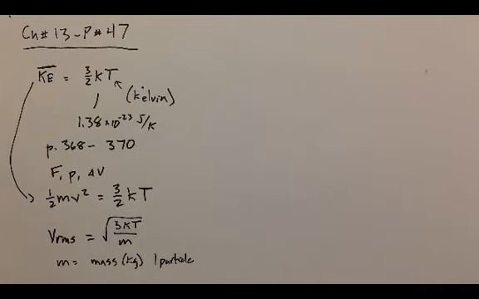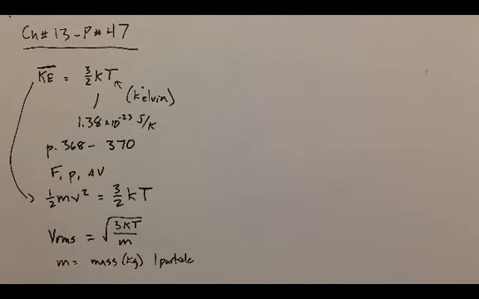So we are going to calculate this speed by using our equation here, which, by the way, is on your equation sheet, so you don't have to memorize it, at least on the free response part of the AP test. So that's equal to the square root of 3kT divided by m.